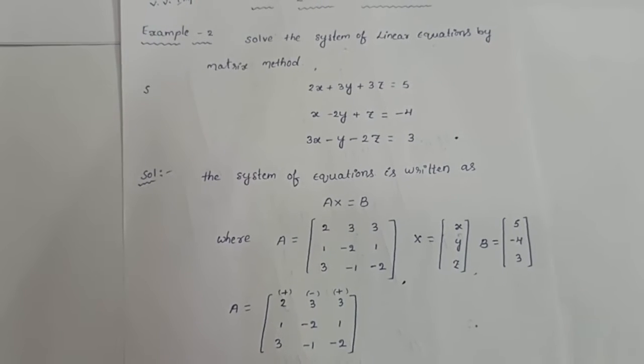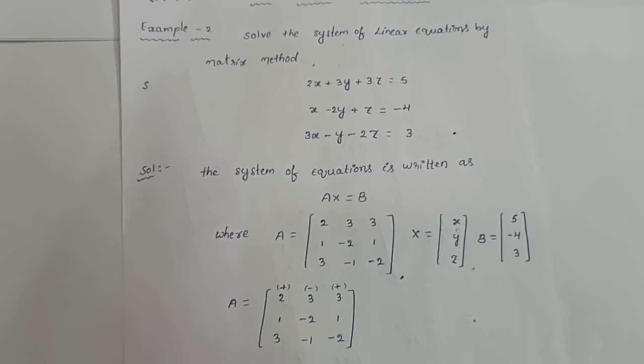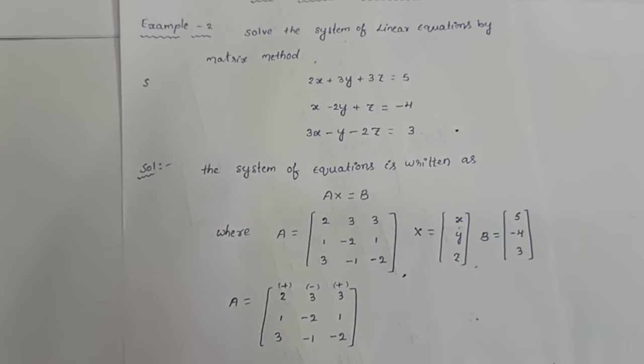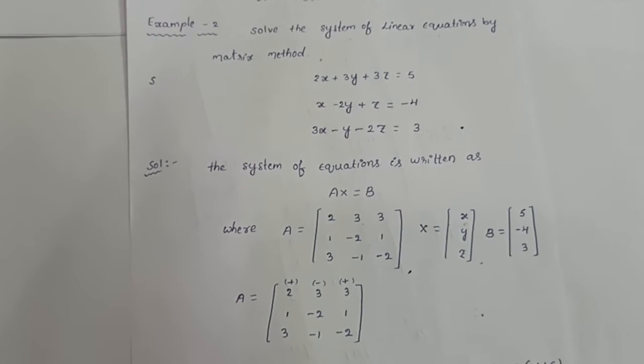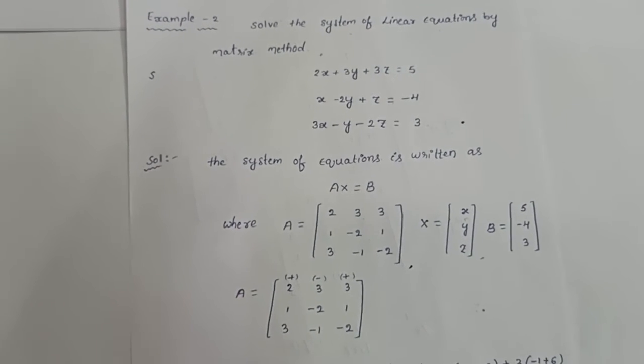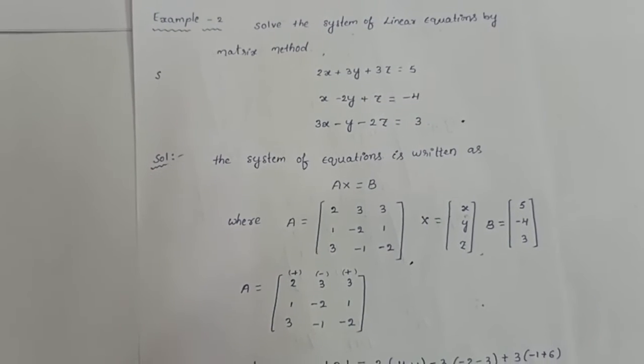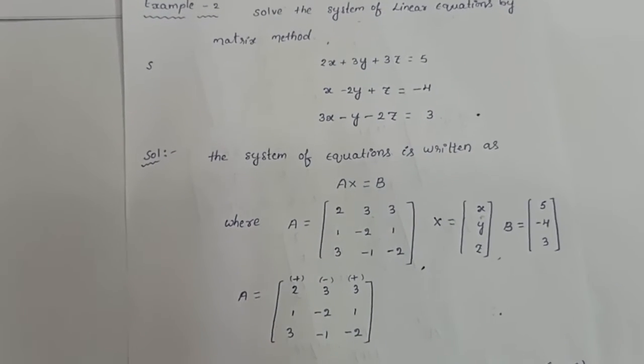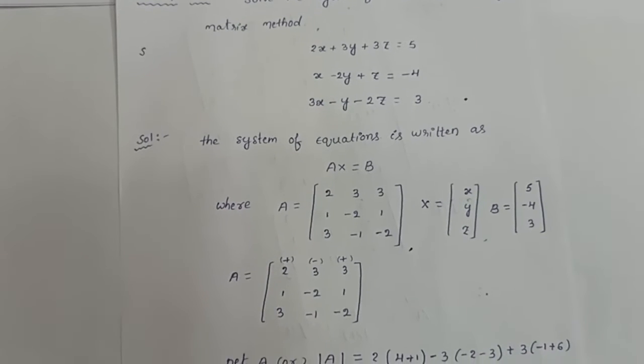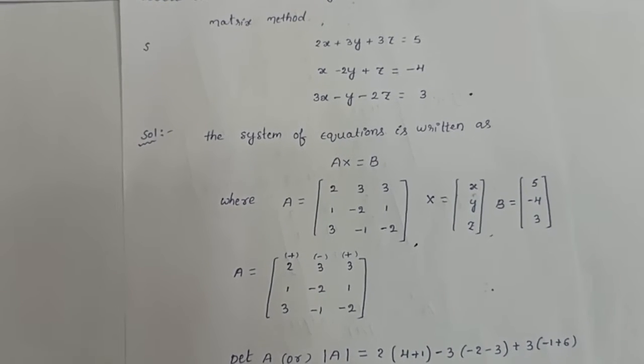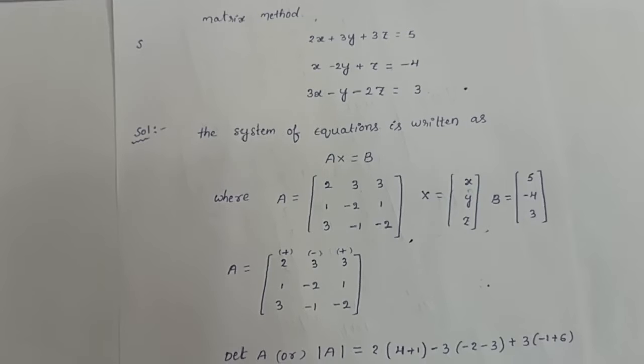The matrix X equal to x, y, z, and B equal to 5, minus 4, 3.